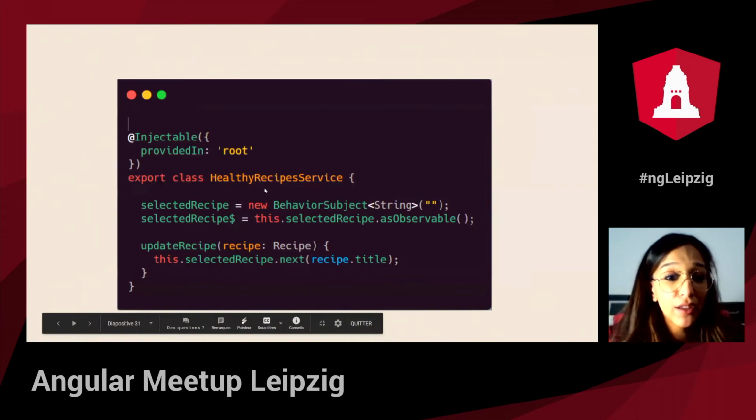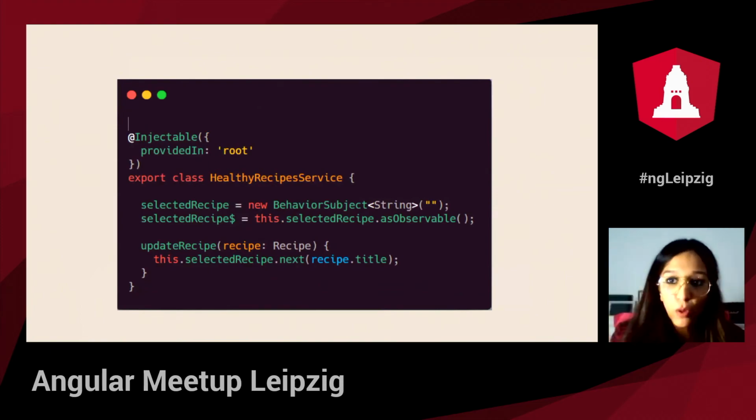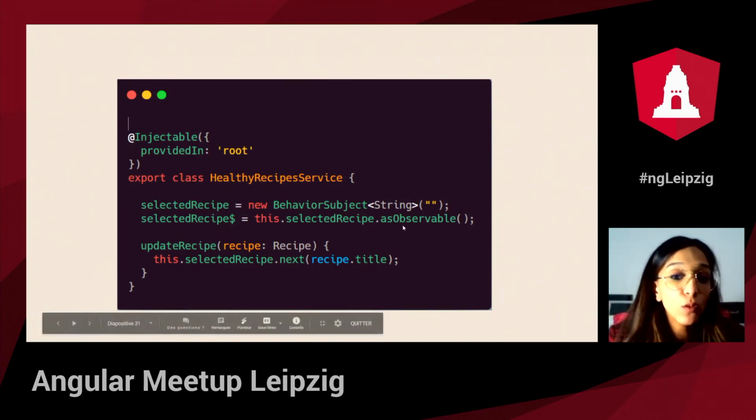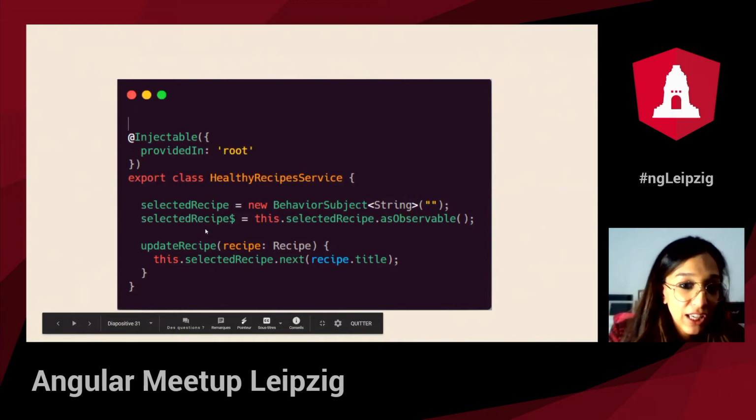So here in my healthy recipes app, I need the selected recipe every time because I have other components that will react to this recipe by displaying some details, some information, some properties, etc. This is a very popular pattern. I just create a BehaviorSubject in my service and expose it as an observable to the external world, as you can see here.